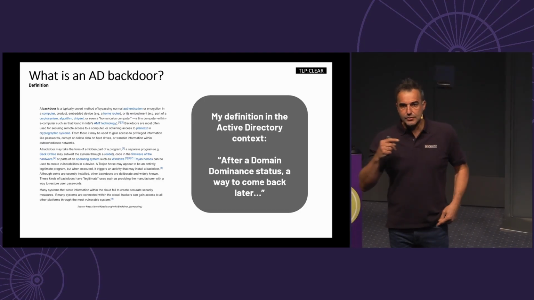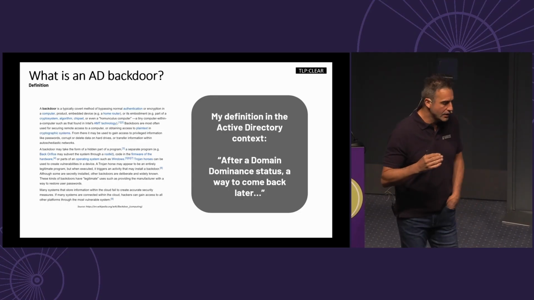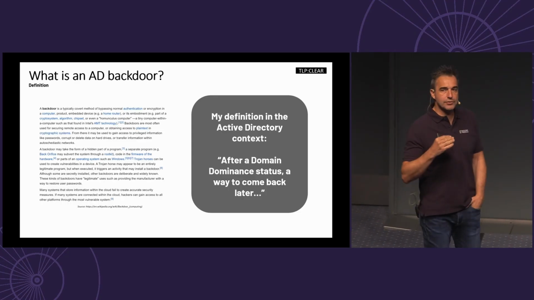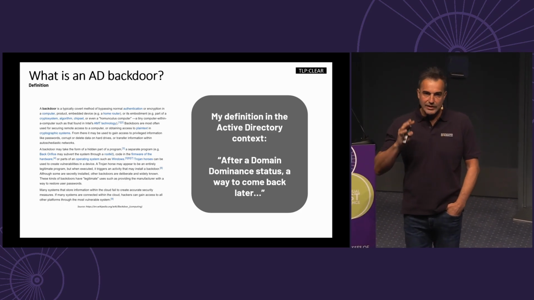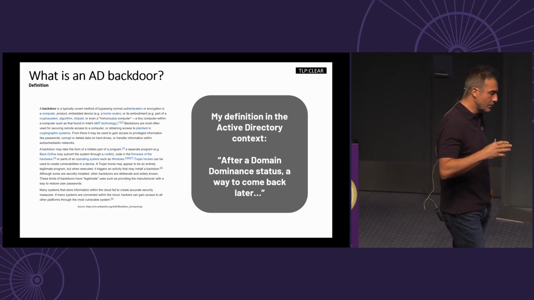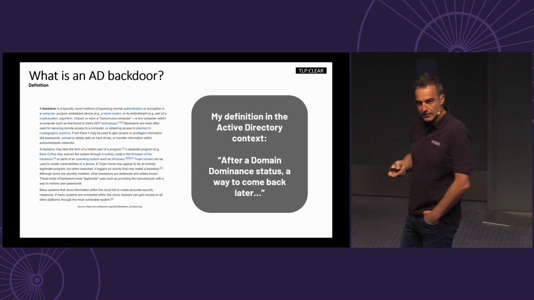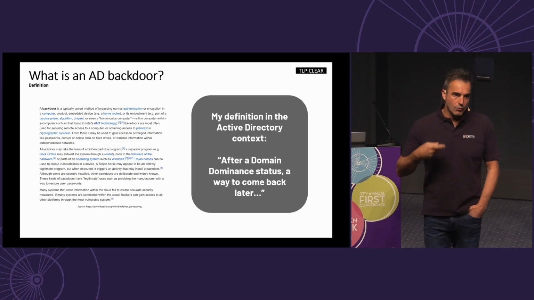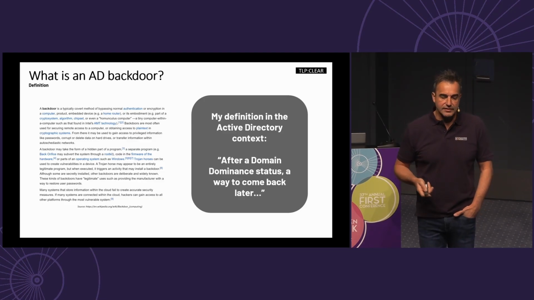But you need to understand that to create a really nice backdoor in AD, you need to have domain dominant status. We will not talk today about how you can reach this domain dominant status. But keep in mind, when you have the domain dominant status, you can do almost everything inside AD.